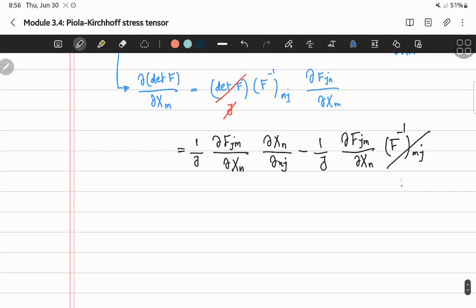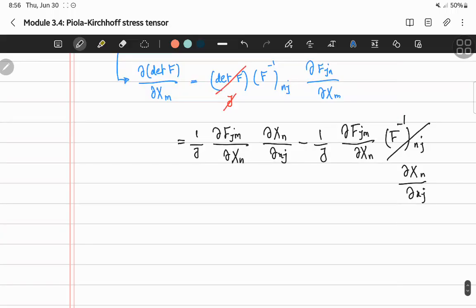This f inverse is basically capital Xm with respect to xj, and I made a mistake here, so it's nj, it's nj. So you can see that these two are equal, therefore this becomes 0.